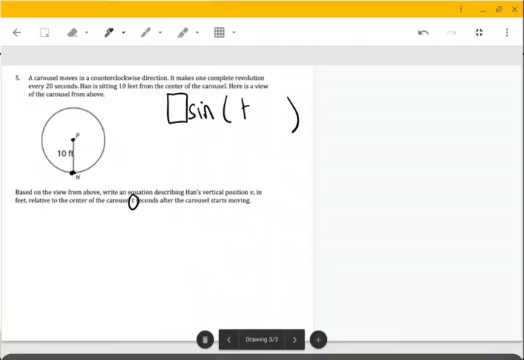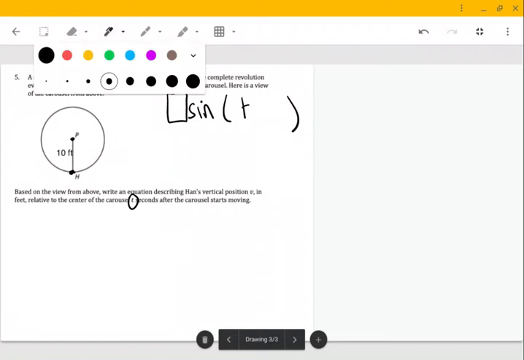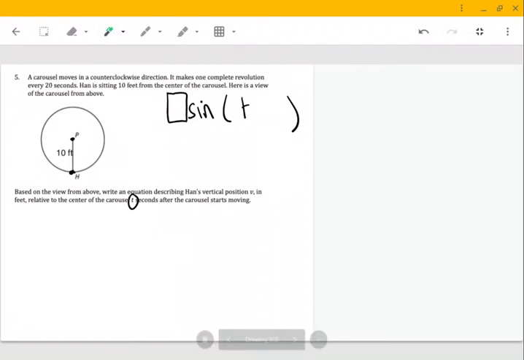So we are told, based on the picture, that the radius of the carousel is 10, which means our amplitude is 10. So the number going in front of sine is going to be a 10 here. Okay, so we've used that one so far.